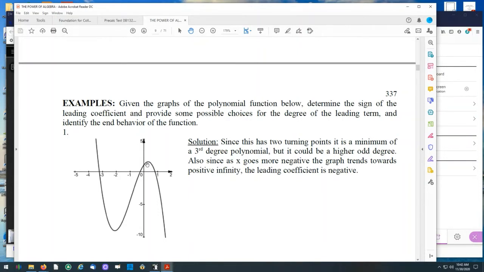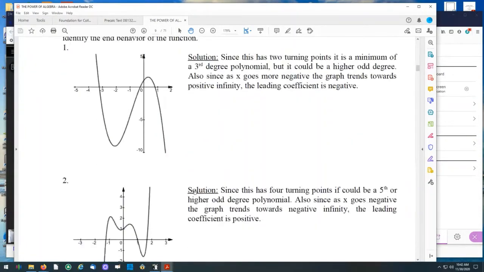It could be a 7th degree. We can't get the exact degree, but we know it has to be at least a 3rd degree. It can't be an even degree because it has an even number of turning points, and an even degree polynomial function has to have an odd number, just the opposite. Now the leading coefficient, well, this looks more like minus x cubed or minus x to the 5th. So the leading coefficient for this must be negative.